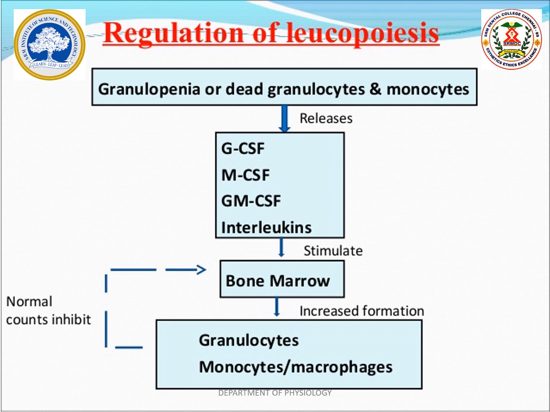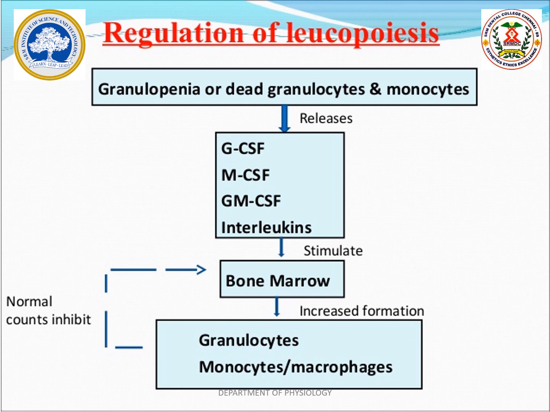So next is regulation of leukopoiesis. In granulopenia or deficiency of granulocytes and monocytes, GCSF, MCSF, GMCSF and interleukins are released. Based on this, they stimulate the bone marrow, so the formation of granulocytes and monocytes takes place. When the count is normal, it inhibits the bone marrow so that excessive formation of cells does not occur.